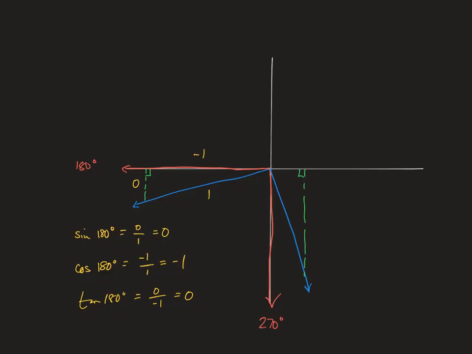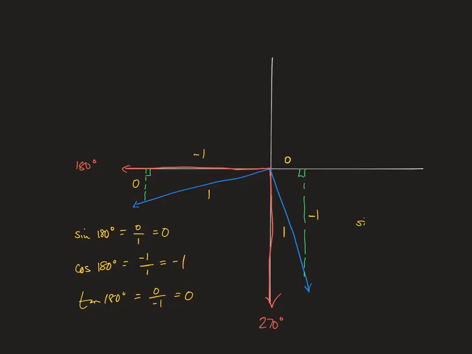And again, I ask myself, which one of those sides doesn't exist if my terminal arm is really vertical? Well, if my terminal arm is really vertical, then my adjacent side, my horizontal side, must be 0. That means that my other 2 sides are both the same, so they are 1. But I have that directional component on my opposite side being negative 1 because I am going down.